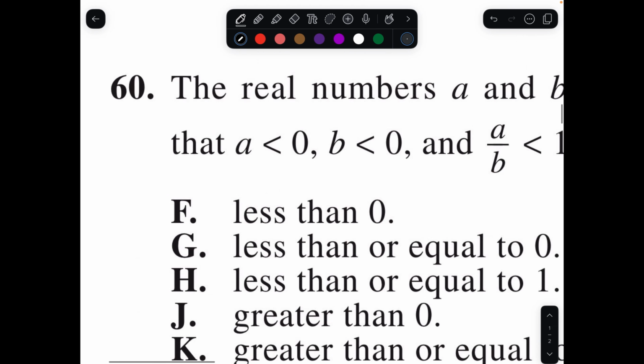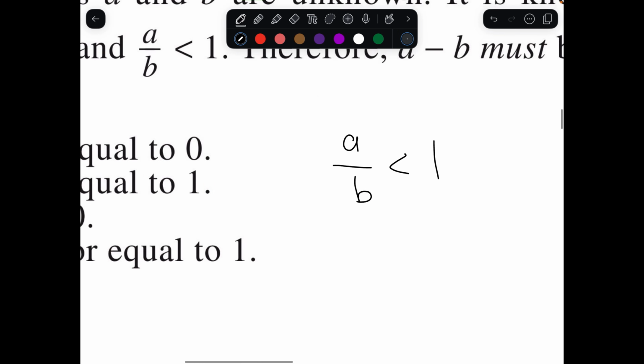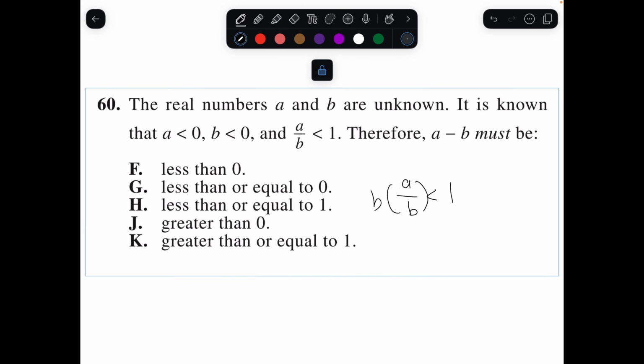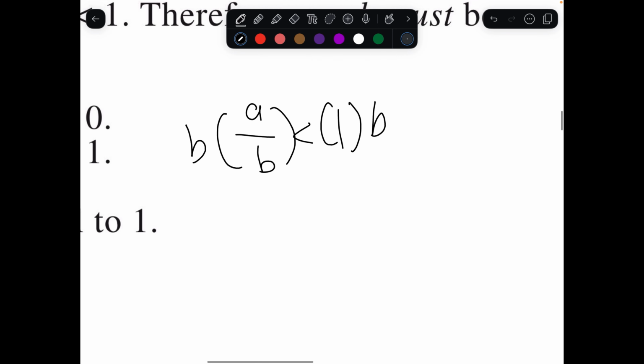So you have a over b is less than 1, and we're also given that b is less than 0 and a is less than 0. Well, let's first multiply both sides by b. To simplify this inequality, you get a and b on this side, right? Now, let's talk about the sign.